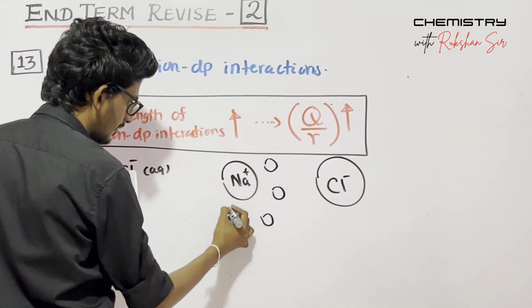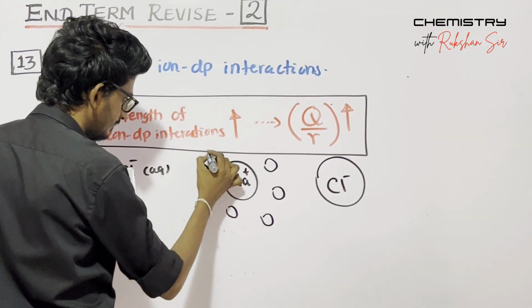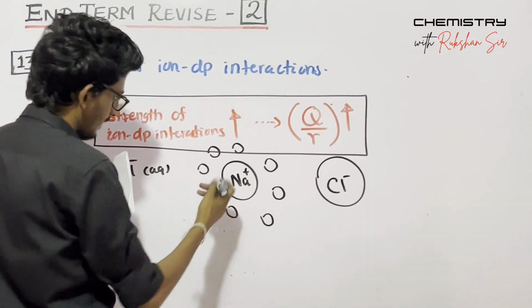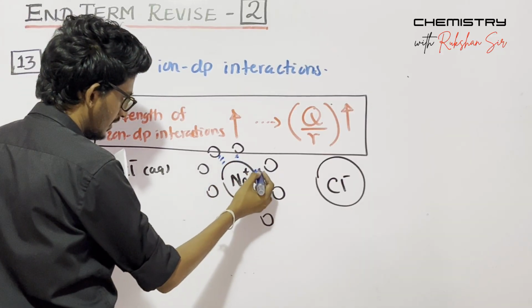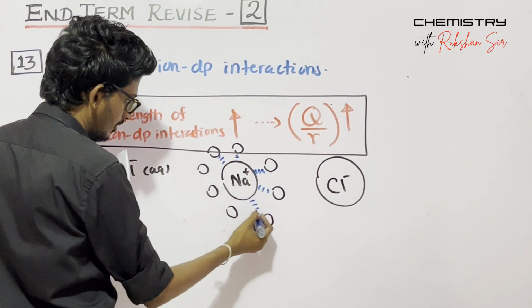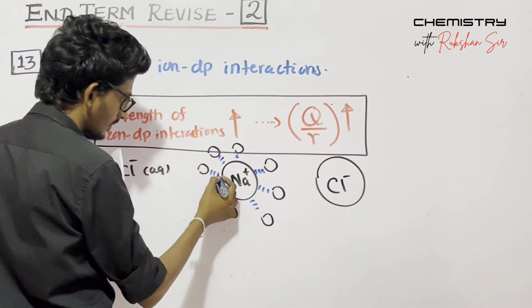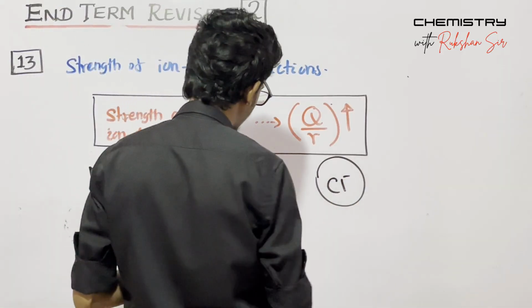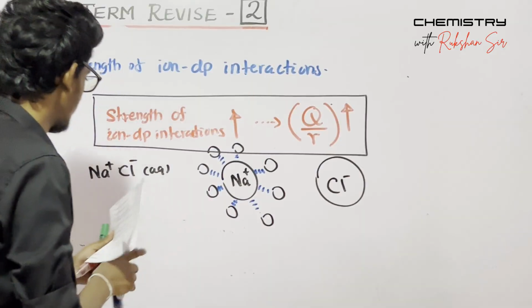These are the water molecules. These are ion dipole interactions, between Na plus and the water. You will see the same kind of ion dipole interactions with the Cl minus and the water as well, right?